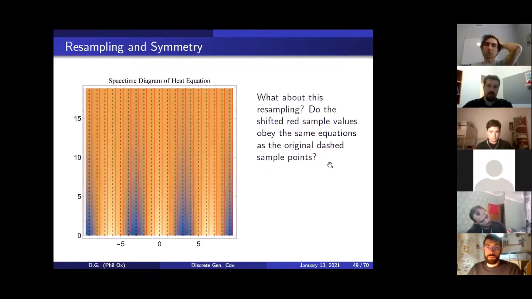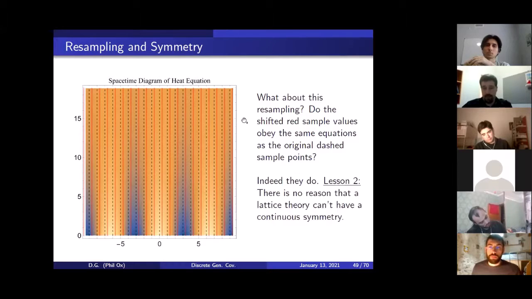But what if we choose this particular resampling where we just shift everything a little bit over, right? So would the shifted red sample points obey the same equations that the original dashed sample points did? And it turns out that they do, if you work that out. So the second lesson here, what this shows essentially, is that even though our theory was at first written in terms of a discrete lattice, there's no reason it can't have a continuous symmetry.